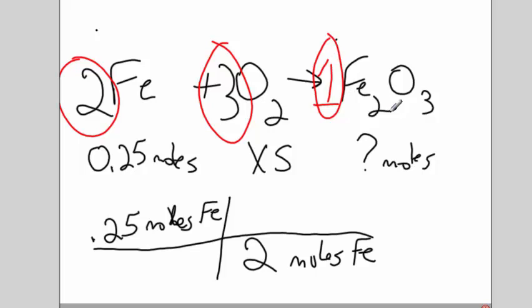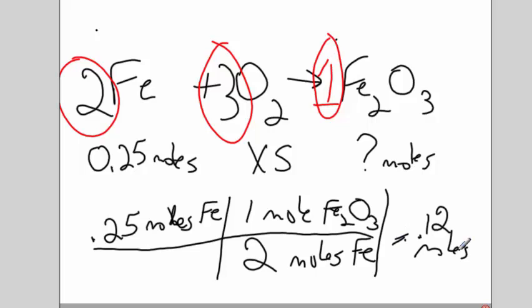Well, I'm heading toward moles of iron oxide, so this is the ratio I want, 2 to 1. I don't have to worry about the oxygen at all. So 1 mole of rust. So 0.25 divided by 2 gives me my answer. 0.12 moles to 2 significant figures.